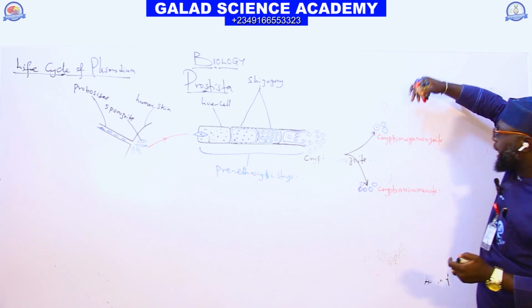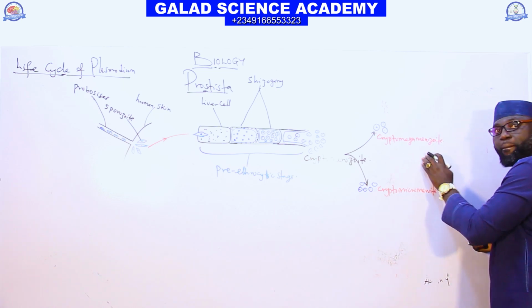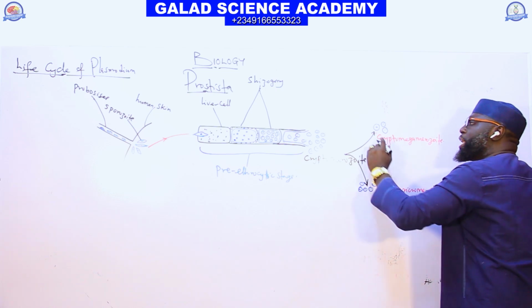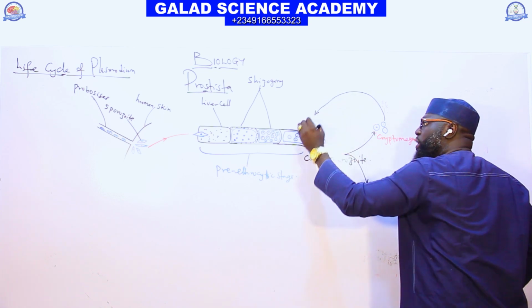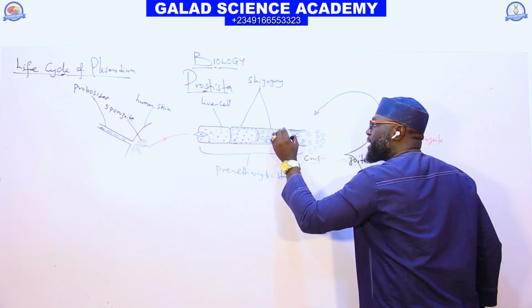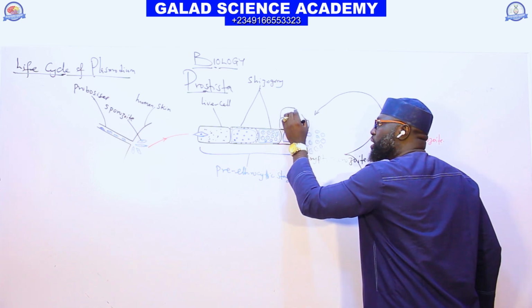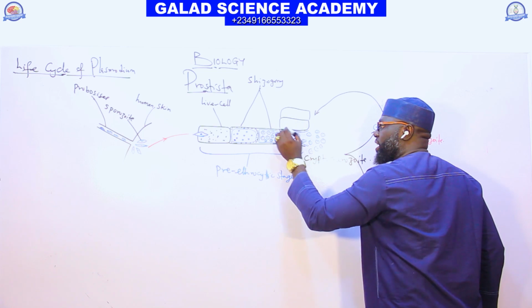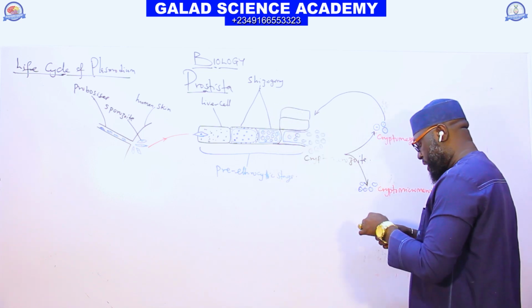And see, this mega one, the big merozoite form here, will now move into a new liver cell. Here we have a new liver cell.